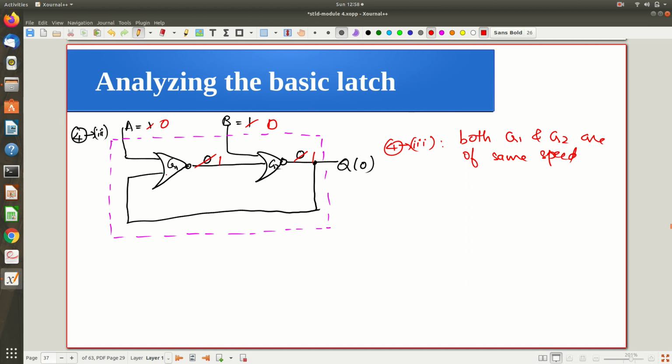This 1 will come here and change it to 0. The current instance is just like this 0 is changed to 1. So you can see that this q at t plus 1 is found to be 1 in this case.